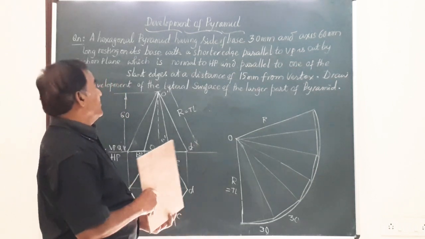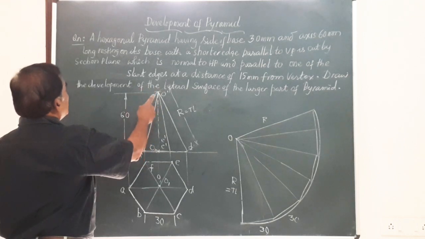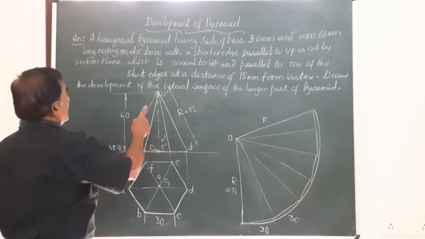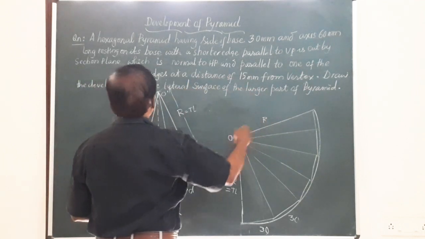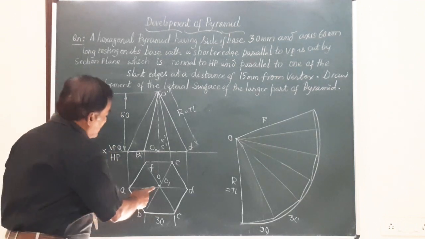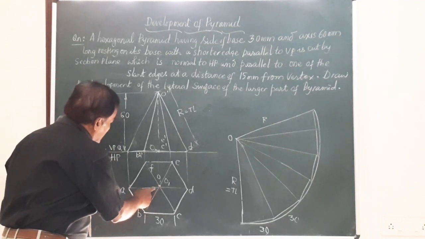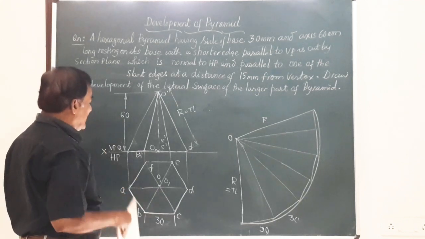And also he says the section plane is cutting the solid at a distance of 15 millimeter, and it is parallel to one of the slant edges. So 2 conditions he has given. It has to cut the solid at a distance of 15 mm, and it should be parallel to one of the slant edges.